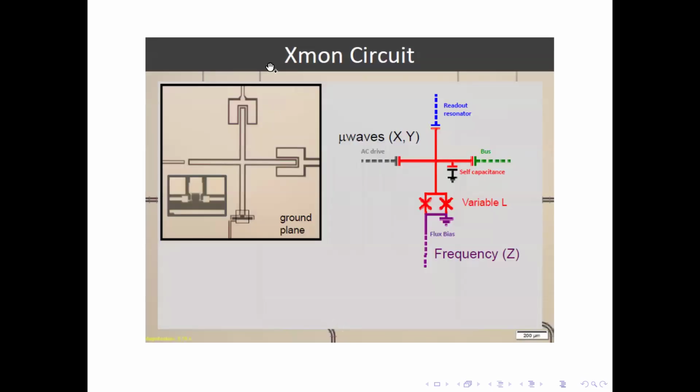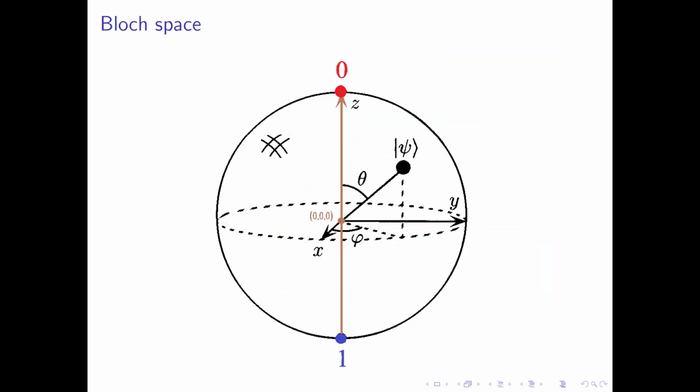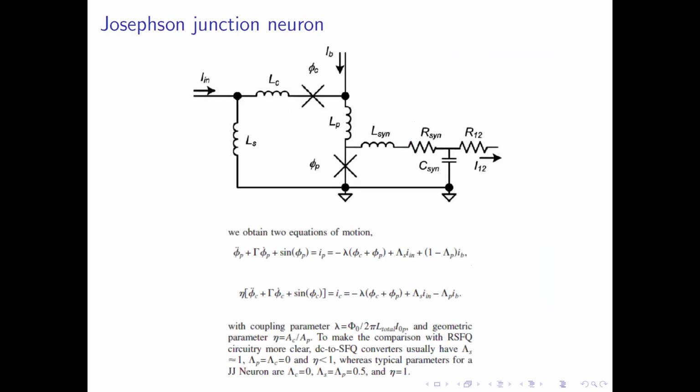Okay, and now there are a lot of variants of superconducting qubits. One of these variants is the X1 circuit, but it's just a variation of the transmon qubit in a way. So what is the idea? The idea is that you have two junctions in parallel, and you bias the occupancy of a certain well by electric field.